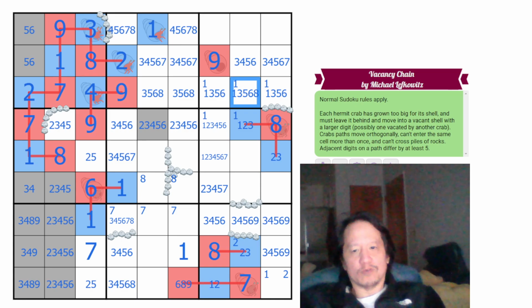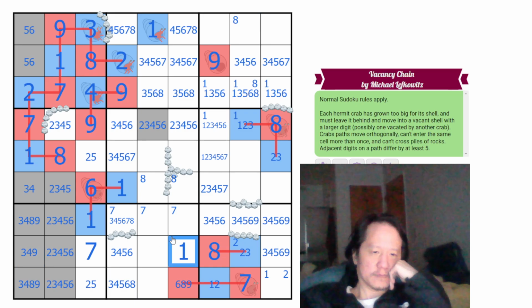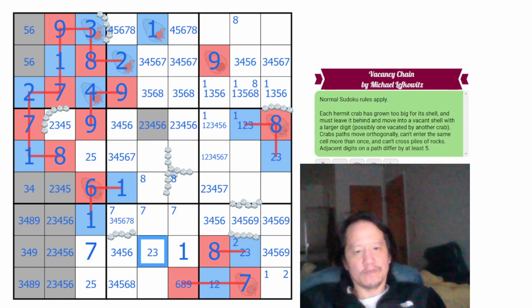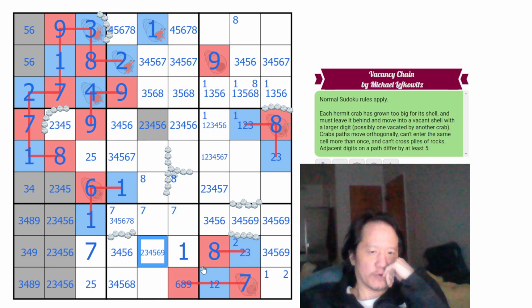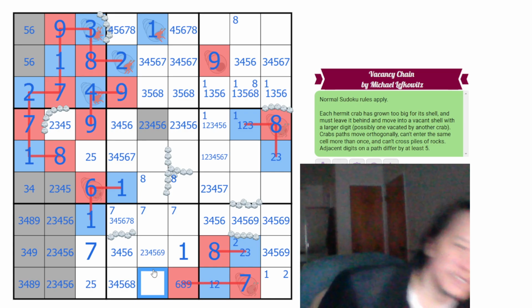Eight has to be one of these two. This is 2, 3, 4, 5, 6, and 9. That's pretty broad. These.